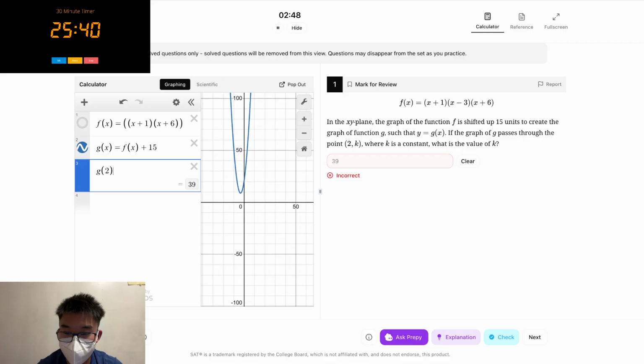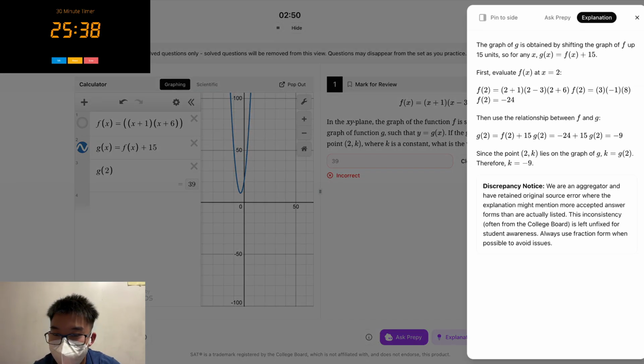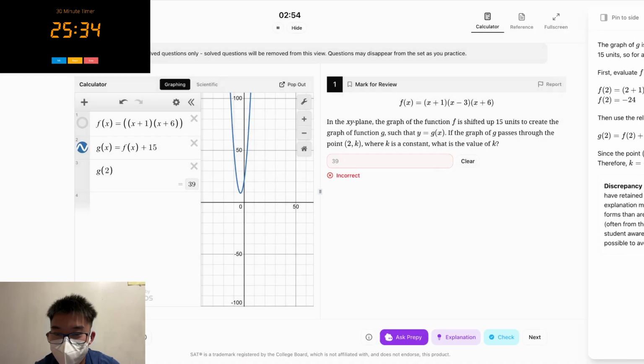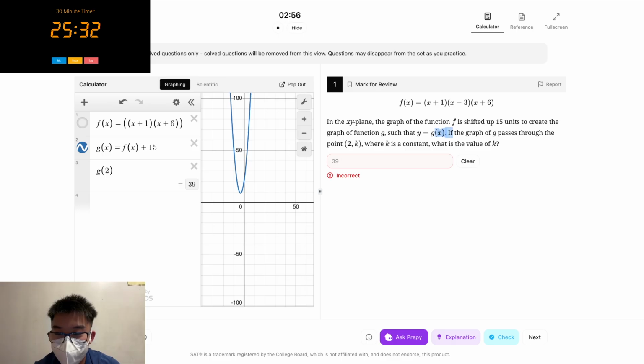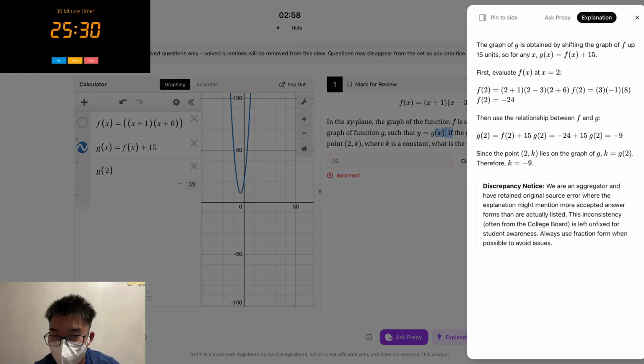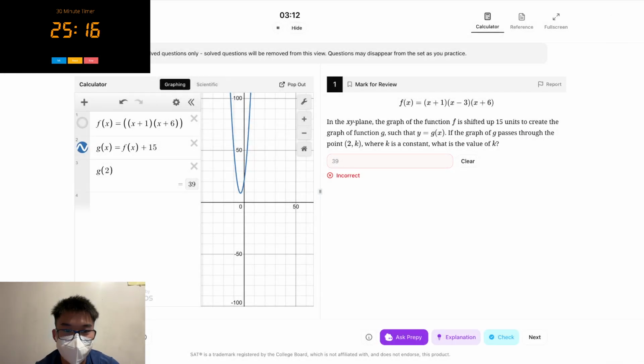Okay, interesting. 39. They say g will be equal to f of 2 plus 15. Just questioning my insanity right now, unless I misclicked something.